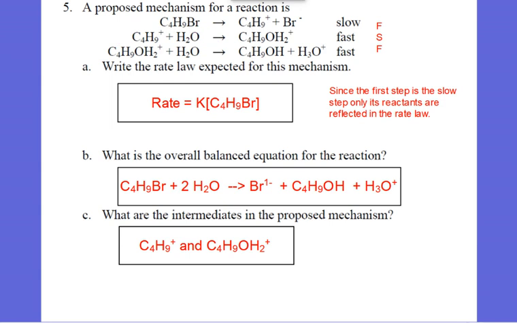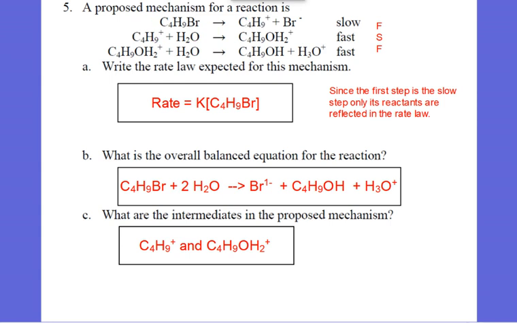And the same thing would be true for the third reaction. If we had slow as the third step, we would include all of the reactants from the first and the second step. We would not include any of the reactants that got canceled out, like that C4H9 gets canceled out. It would just be based off of those 2 reactants.